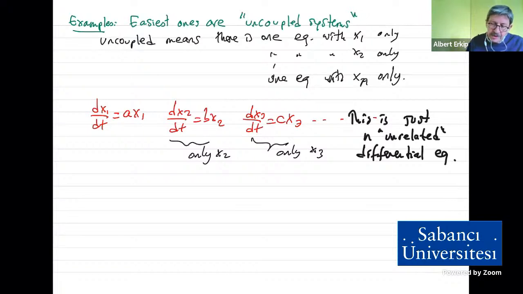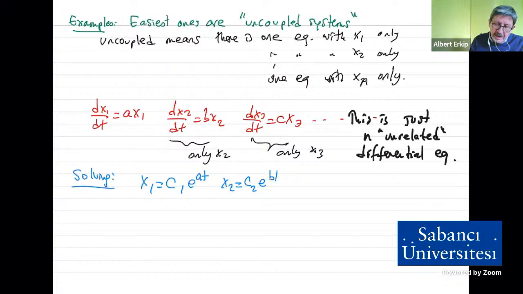If I try to solve it, we get x1 equals some constant c1 e to the at, x2 equals some constant c2 e to the bt, x3 equals c3 e to the ct, and so on. And we did this in the 2x2 case, in the 3x3 case.